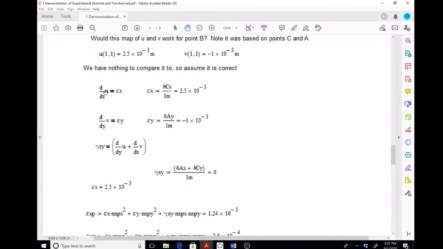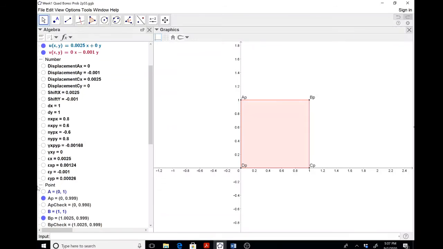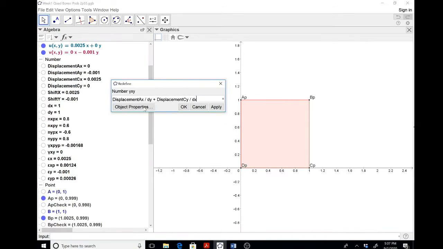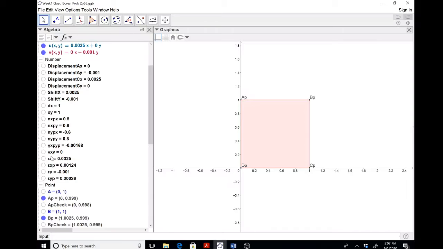The axial strains use u and x or v and y, but the shear strains use u and y and v and x. Not hard. That's not hard. So gamma xy happens to be 0 in this problem, which is not a big deal. But we could use this script for anything.